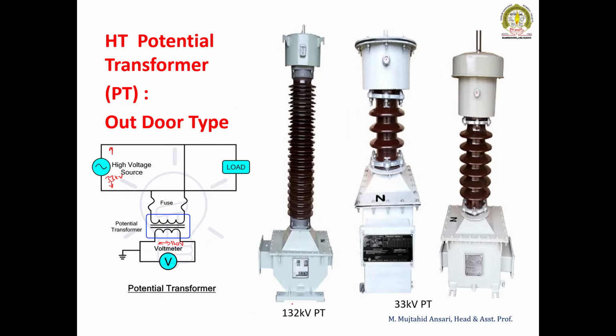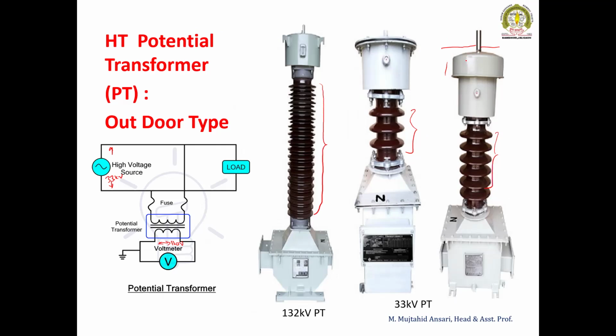So see, this is the 132 kV. Again, for the 132 kV, the length of the insulator is large, whereas for the 33 kV, the length of the insulator will be small, because it has to give the insulation level up to 33 kV and 132 kV. It has only one terminal. So if you visit any substation, we can easily differentiate which is the CT or PT.